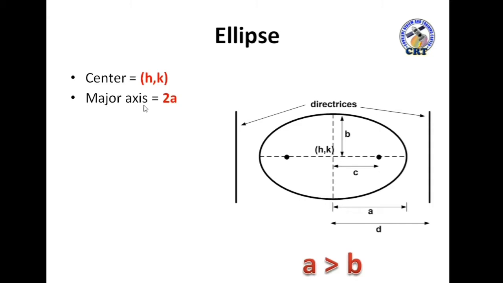So ang major axis natin, pag sinukat natin yan, equivalent sa 2A. So kung ito yung A, kasi yung A is distance from center to one end of the vertex. So, ayan yung A. Center to one end of the vertex.